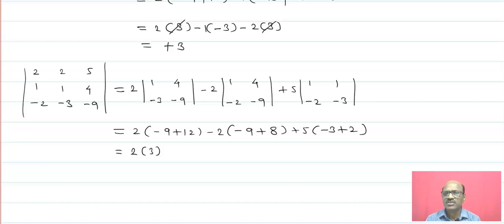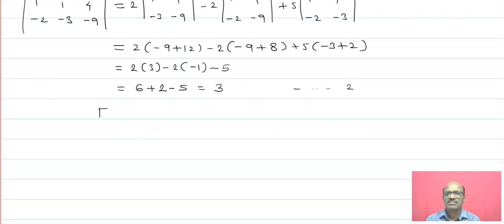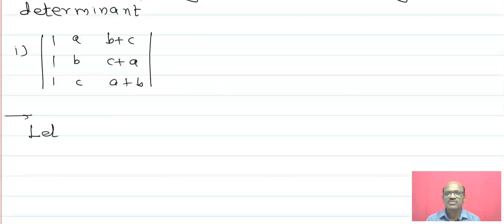And that's why 2 into 3, minus 2 in bracket minus 1, plus 5 in bracket minus 1, and the value of that determinant is 3. Therefore, from 1 and 2, 3 is equal to 3, and hence the value of the determinant remains unchanged.